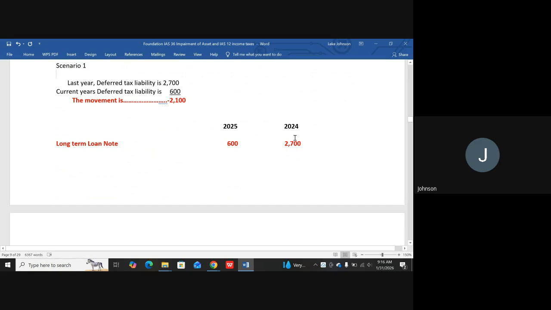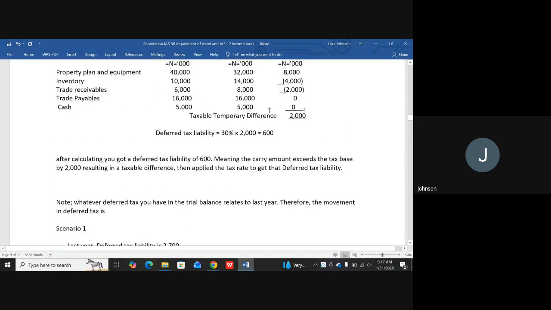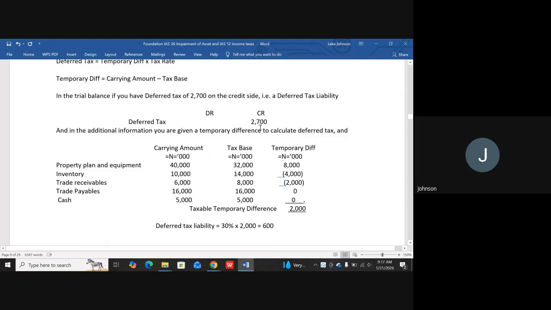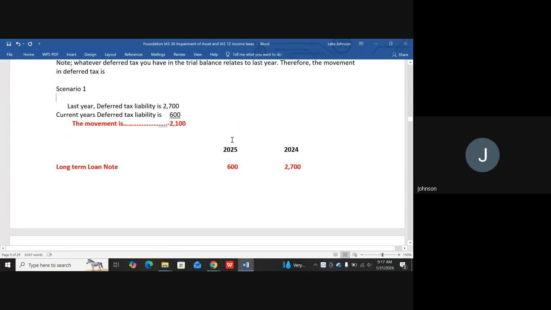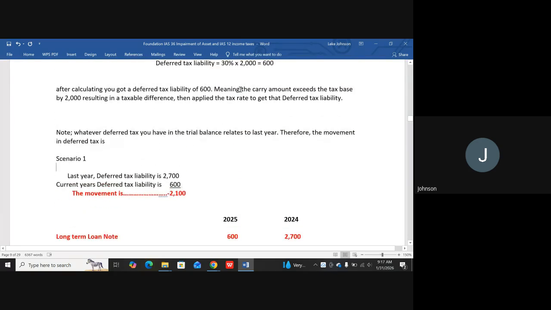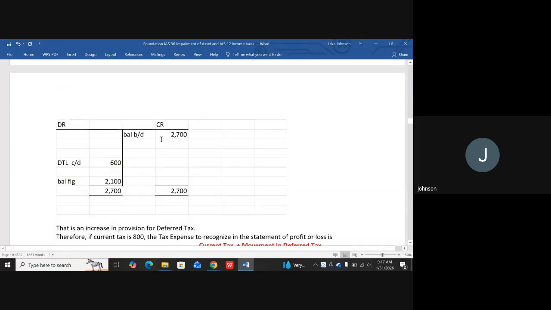Since it's a liability, it's on the credit side. Come and put it on your T format, exactly on the credit side. No issue.